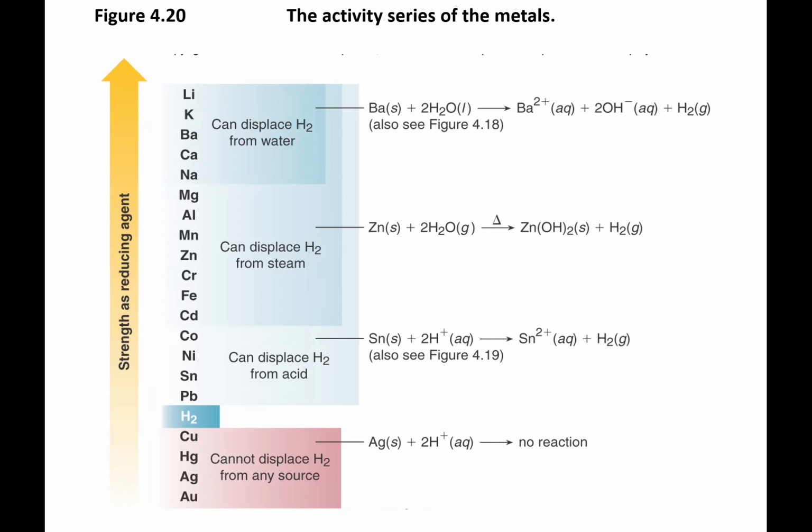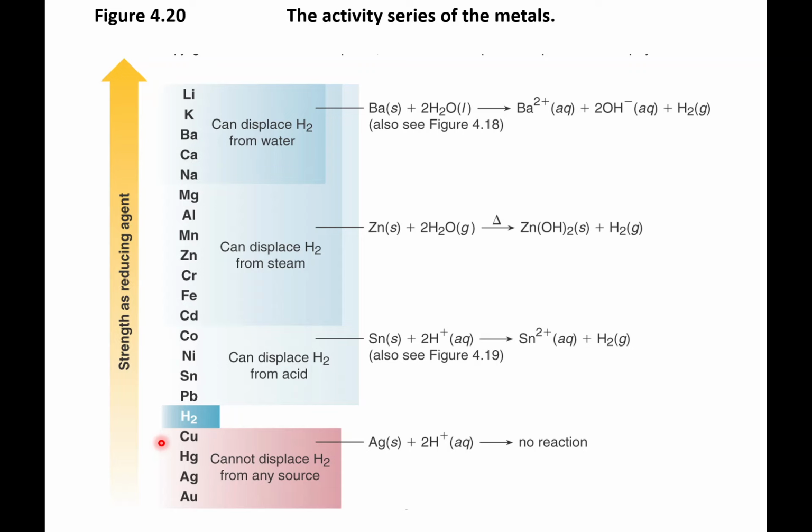This is where the activity series comes in. You can rank these metals based on their strength as a reducing agent. You'll see this series probably most importantly either in this class or in inorganic chemistry. This also becomes important when we talk about reduction potentials.